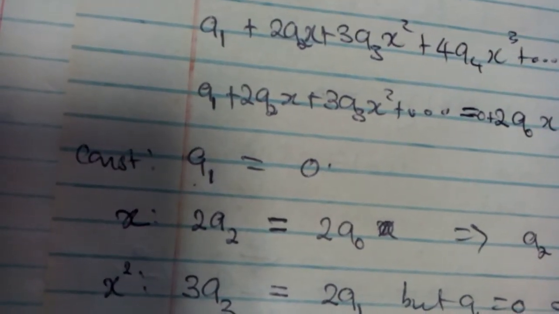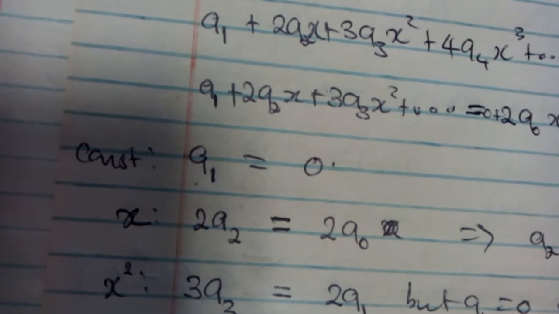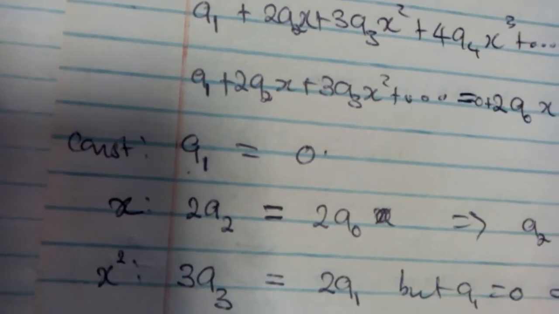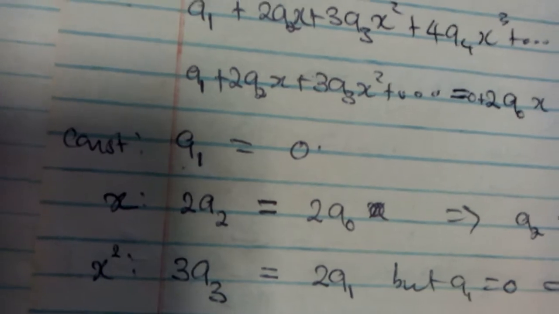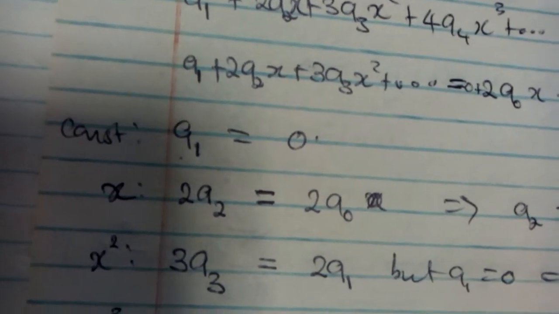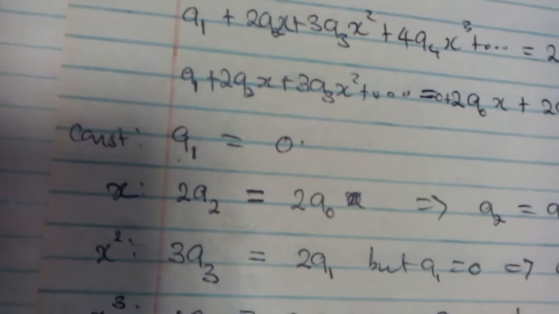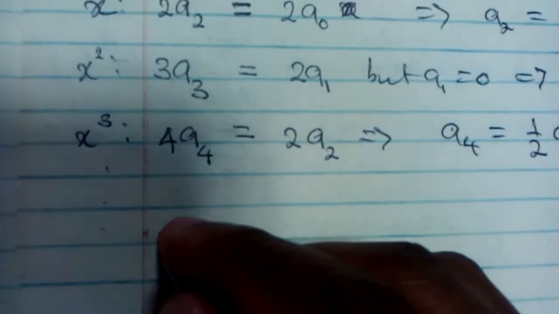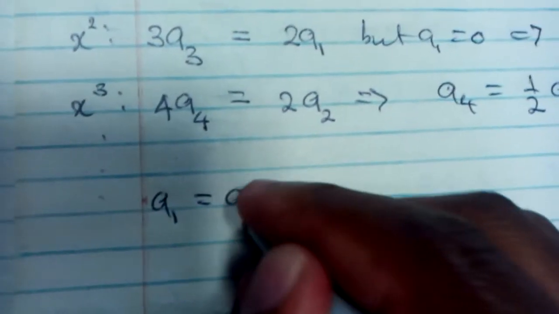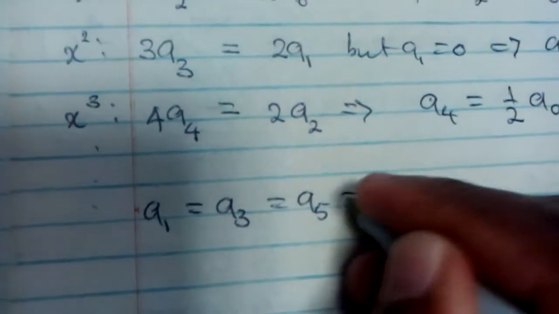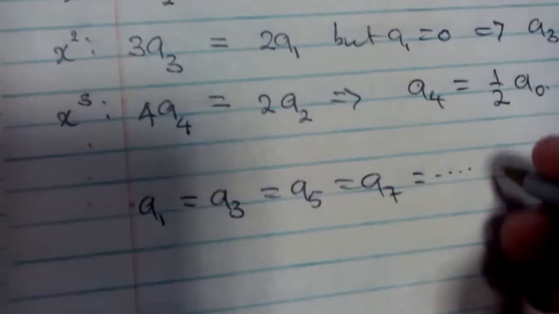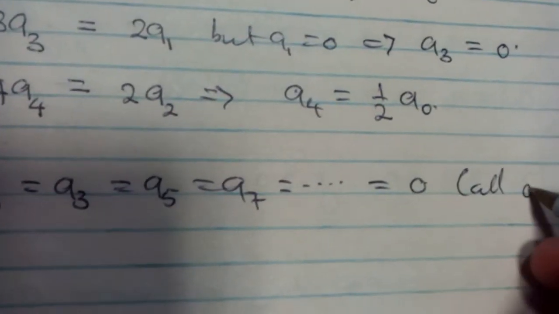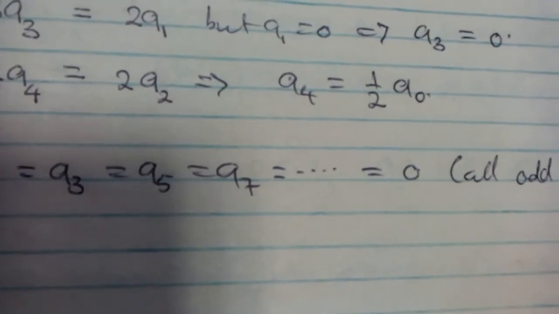Therefore, a4 is equal to half of a2, but a2 is nothing but a naught. And if we continue in this fashion, we note that a1 equals a3 equals a5 equals a7 equals 0. In fact, all odd terms, right?